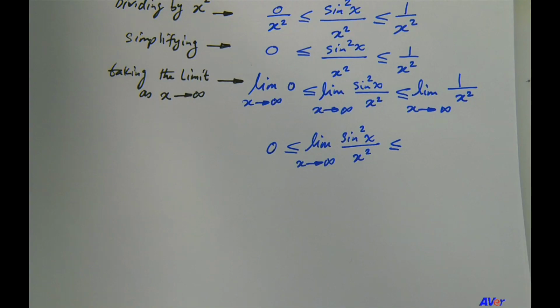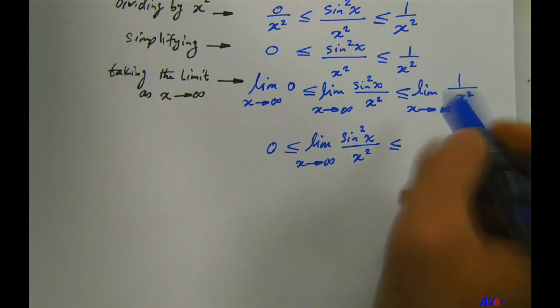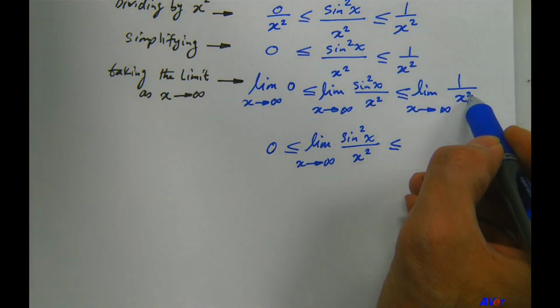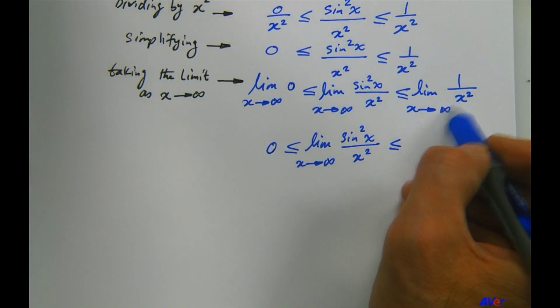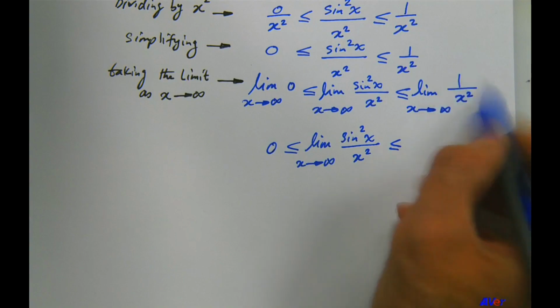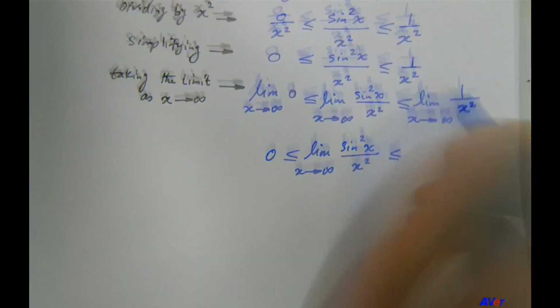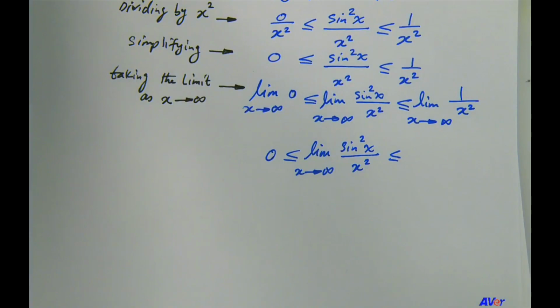I don't seem to find it right now. But we had a theorem that said that if n is a positive integer, then as x goes to infinity, that term approaches 0. And it should be here. I don't know why I can't find it.